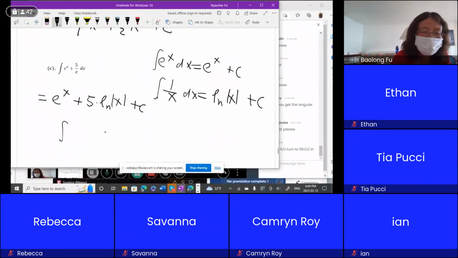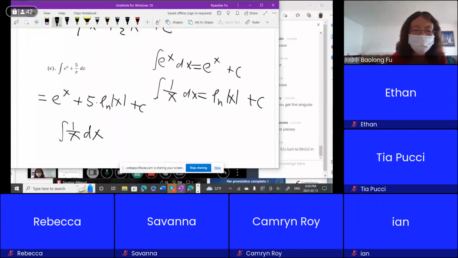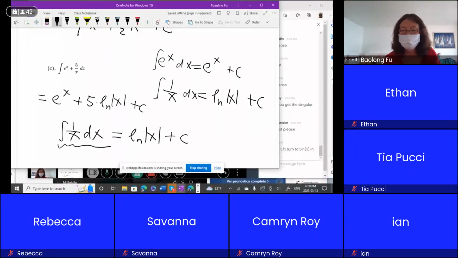Question C asks you, the fundamental question is, what is this? 5 is a constant, we can move it out. From last class, this is ln x, the formula we did last class.